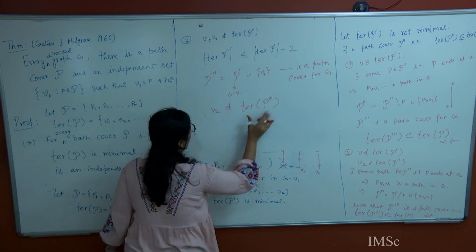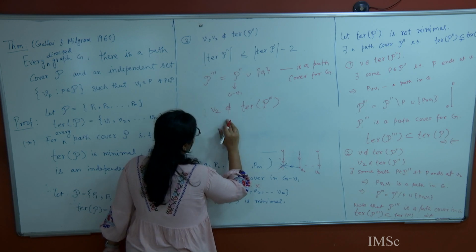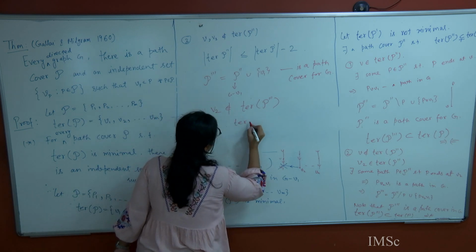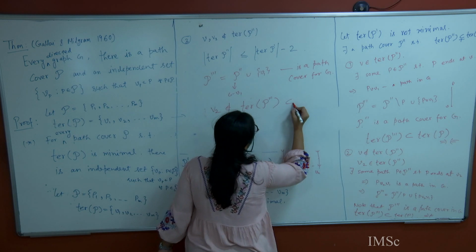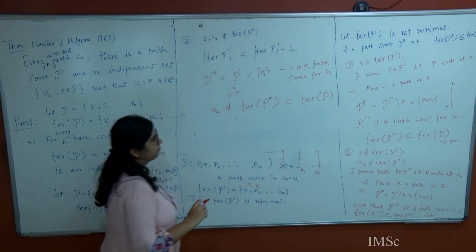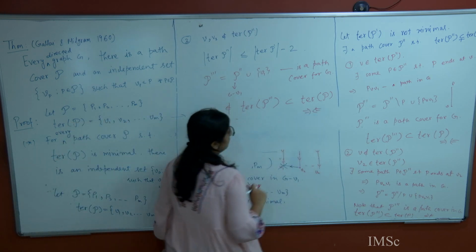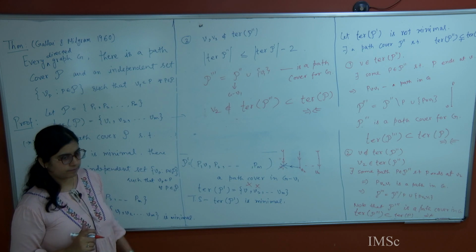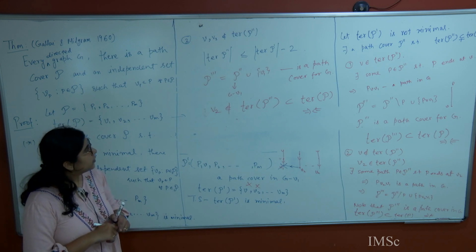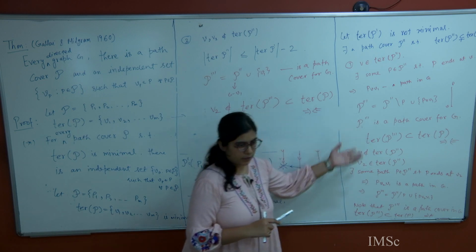Because it is not in this set, that means this is a proper subset of Terp, and which is again a contradiction. And we are done, because we have covered all the cases.